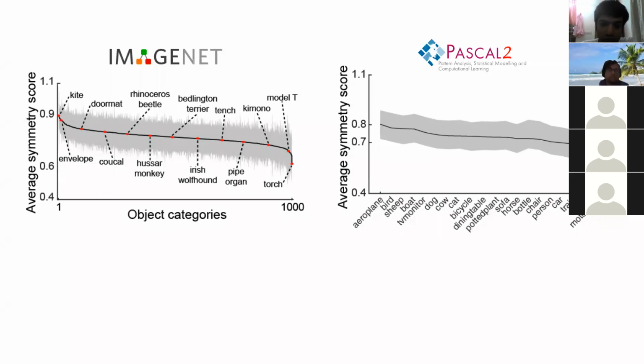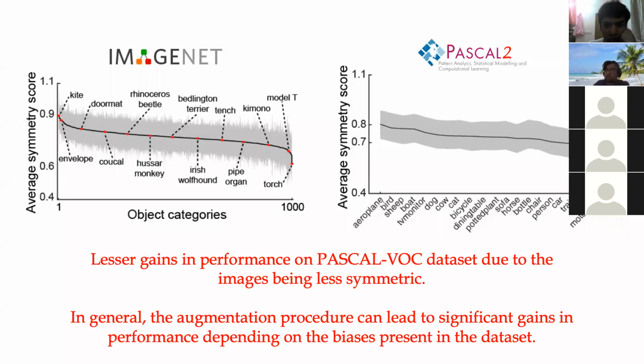More or less all objects have the same symmetry score, which means that if you have symmetry as a feature in this decision-making pipeline, it might not be able to distinguish between different categories of objects within Pascal VOC. So the lesser gains in performance on the Pascal VOC dataset are due to the images being less symmetric themselves. In general, what we can say is that this augmentation procedure can lead to significant gains in performance depending on the biases present in the dataset.